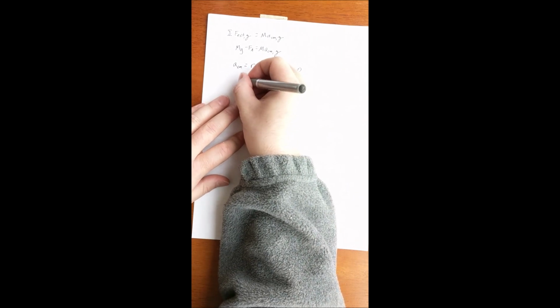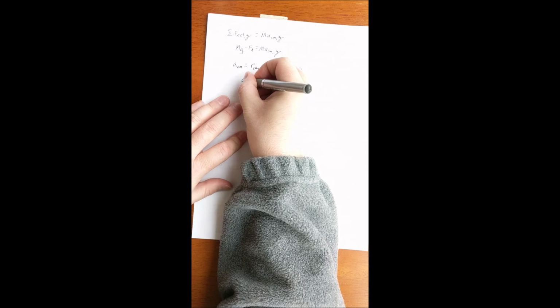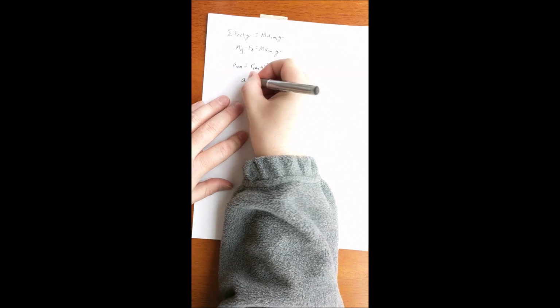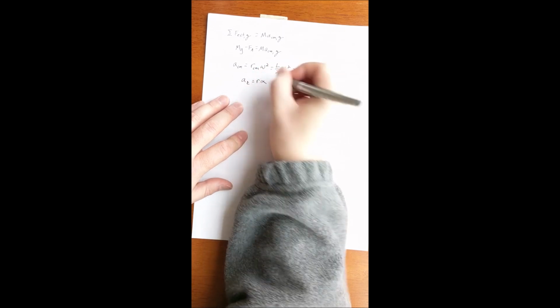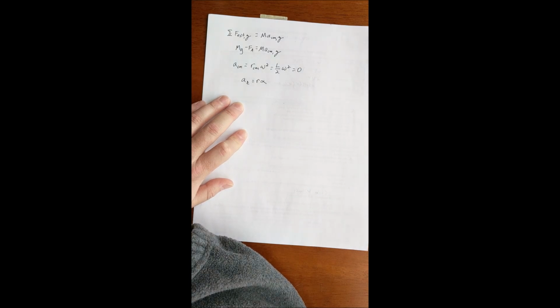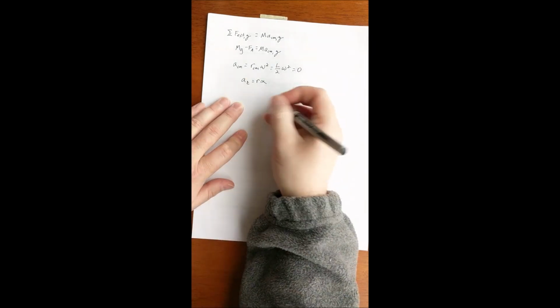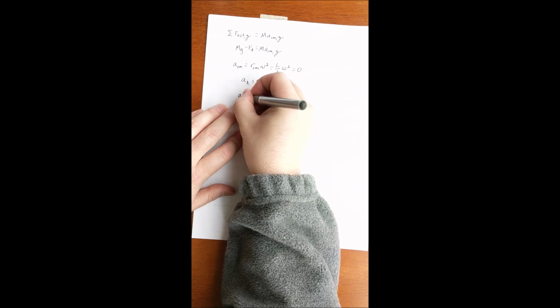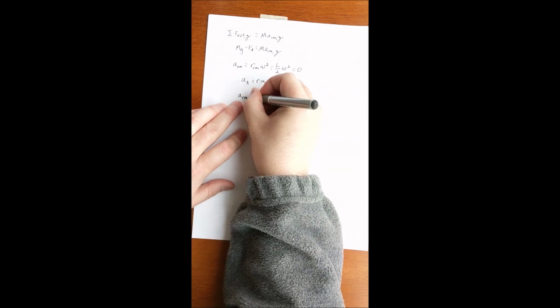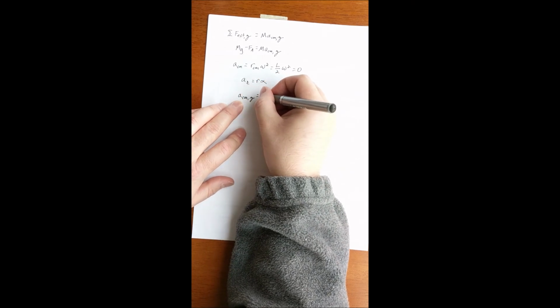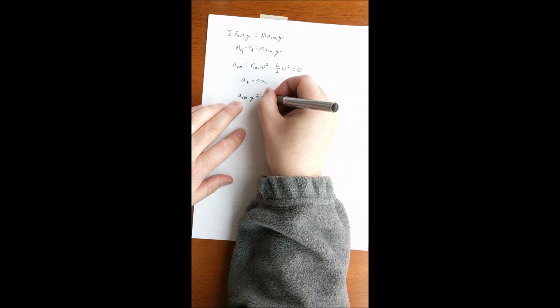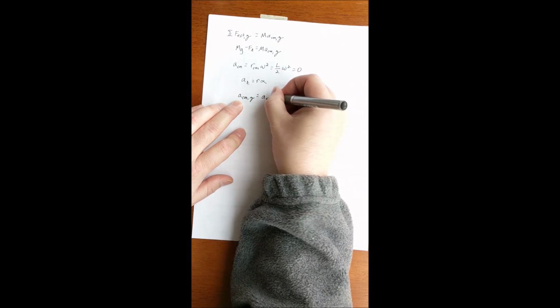So then we have acceleration tangential, right, is equal to r angular acceleration. And now more plugging in, a cm in the y direction is equal to a cm in the tangential direction.